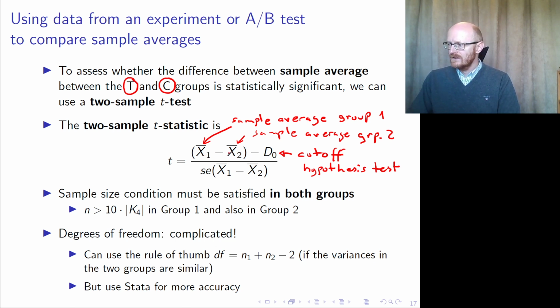But if you want this difference to be something other than 0 before you take action, then you penalize this difference. It's much better when we put numbers into the equation, and this is normalized based on the standard error.